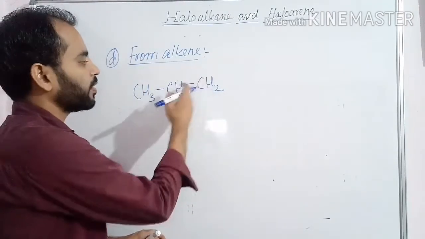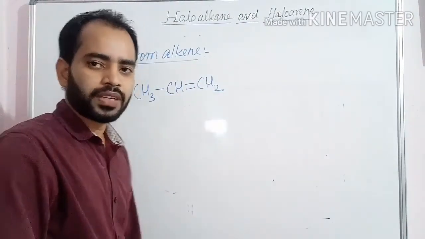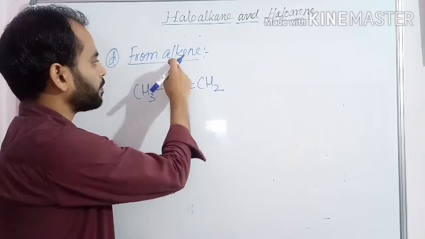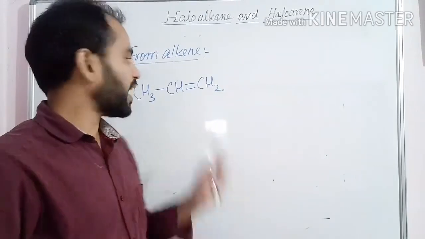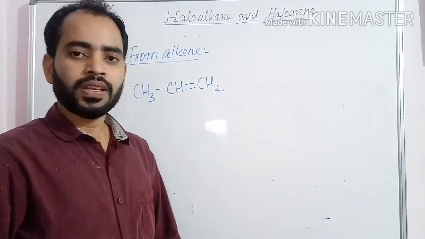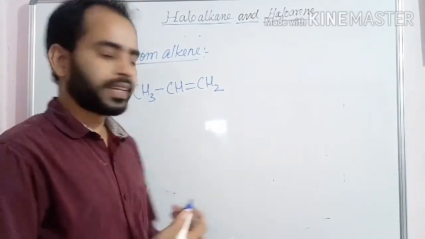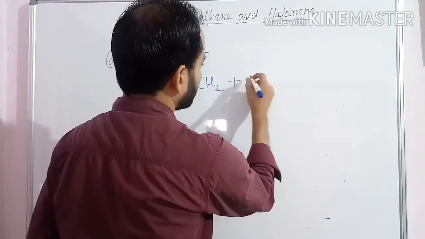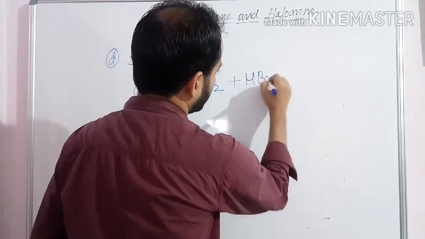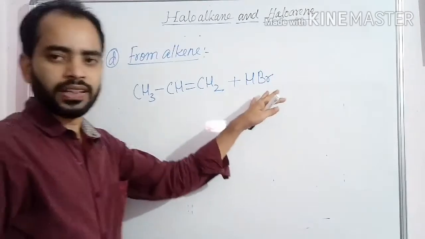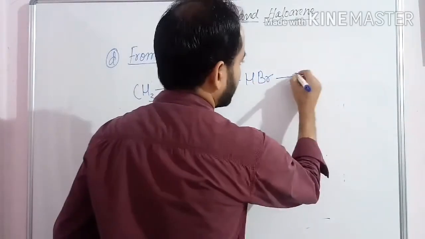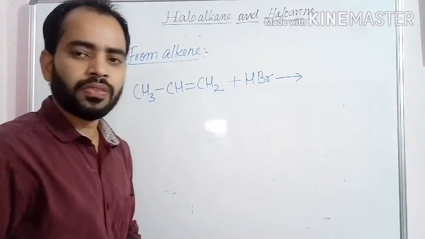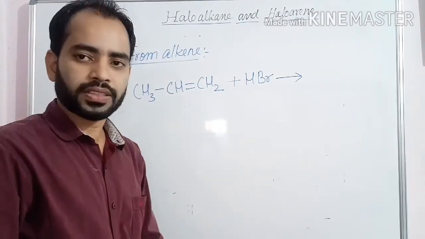That means odd number of carbon atoms are there, so we cannot get a perfect plane which can divide this molecule. So it is an unsymmetrical alkene. So when an unsymmetrical alkene reacts with, suppose HBr, this is also unsymmetrical, it leads to the formation of two different products.